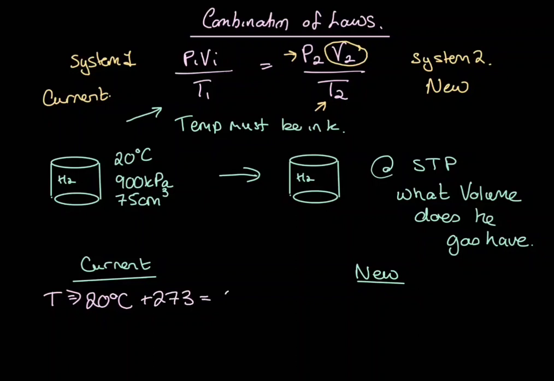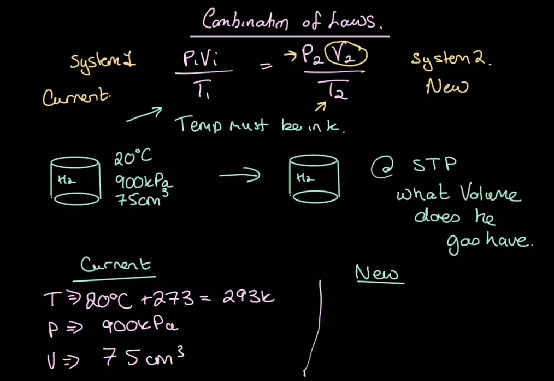And you're going to end up with 293 Kelvin. Okay, the pressure, it's in kilopascals, that's perfectly fine, as long as we use kilopascals on the new section as well. The volume is 75 centimeters cubed. That's okay, as long as the other new side is also in the exact same units.